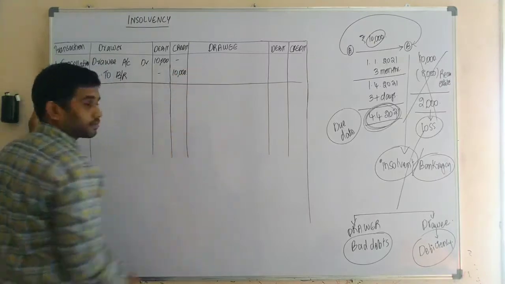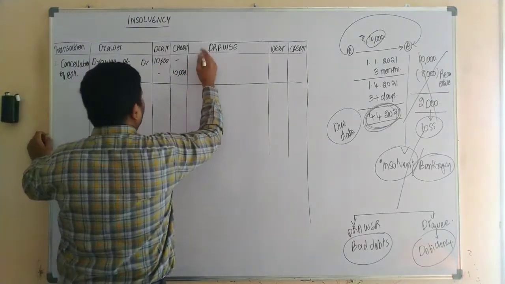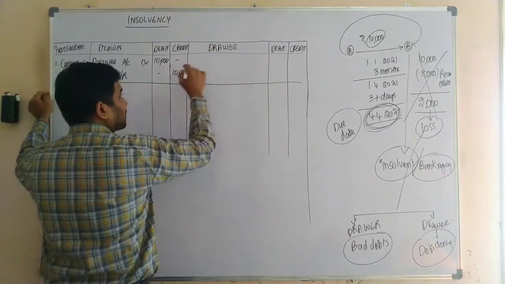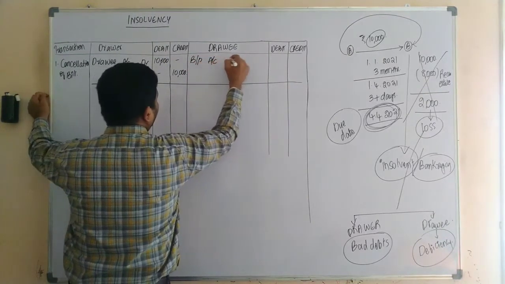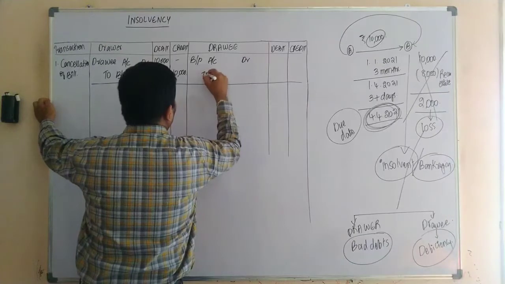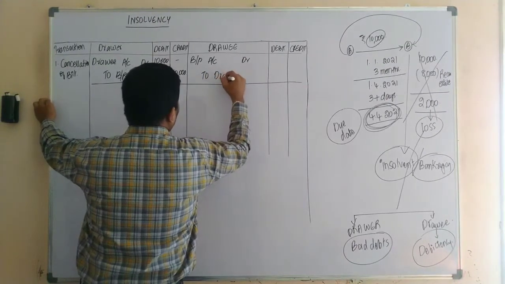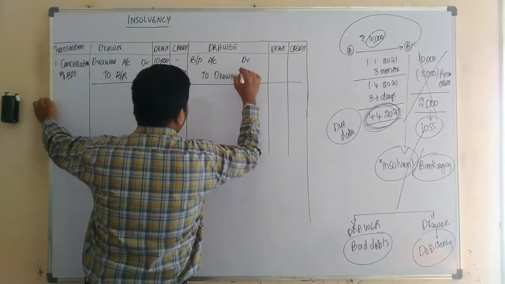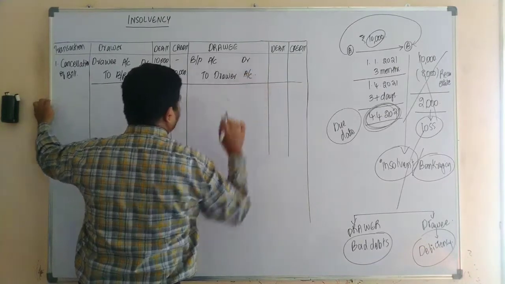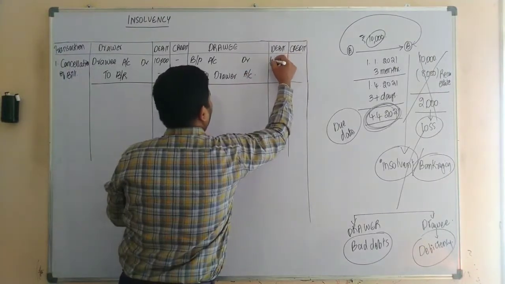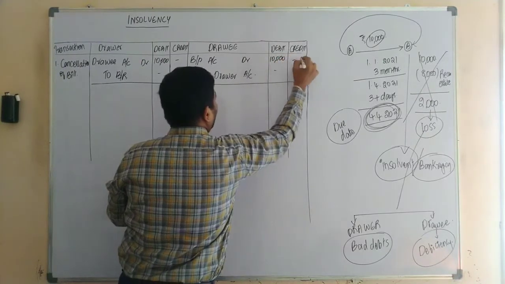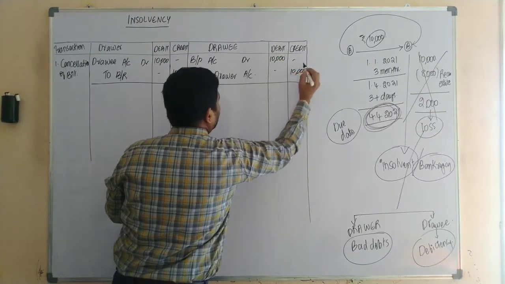In the books of the drawee, upon cancellation, the journal entry would be bills payable account debit to drawer account. This bill wouldn't be an asset anymore, so we are cancelling. 10,000 rupees debit, 10,000 rupees credit.